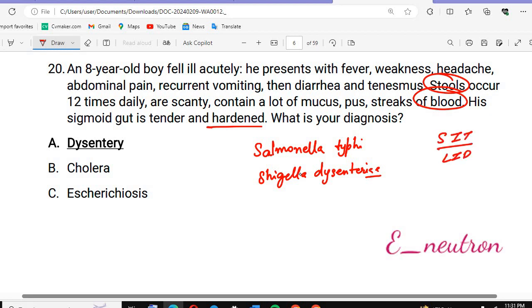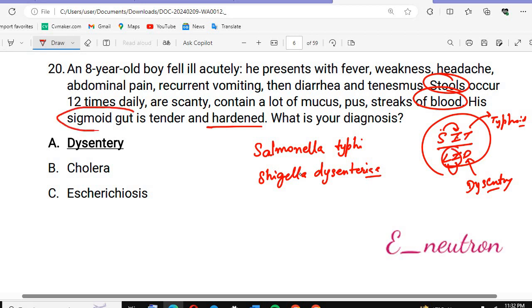In typhoid, the Salmonella typhi causes typhoid, so the small intestine is affected. And in dysentery, the large intestine is affected. In dysentery, the large intestine is affected.